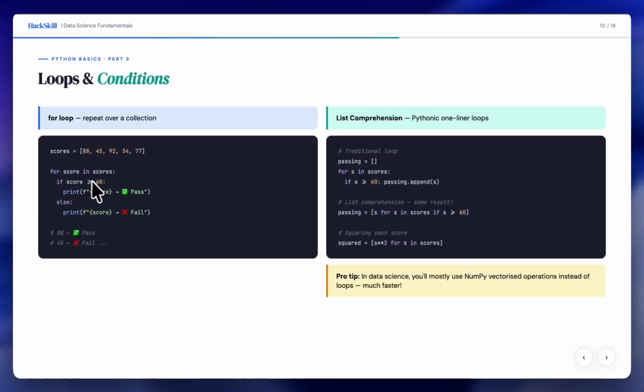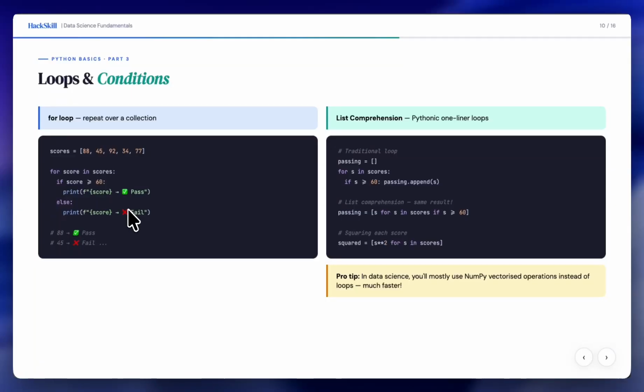So if score is greater than 60, we will print pass, else we'll print fail. Now if I pass 88, the value gets a pass. But if we use 45, we are shown a fail.